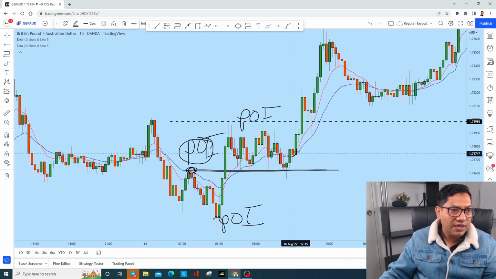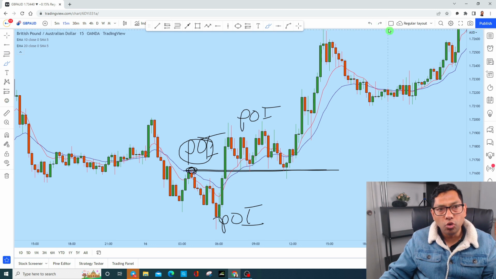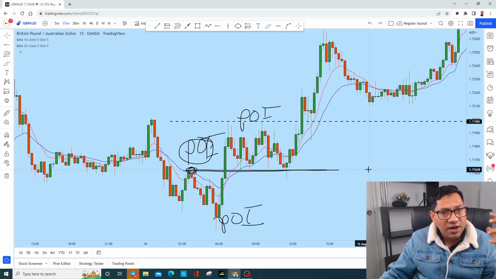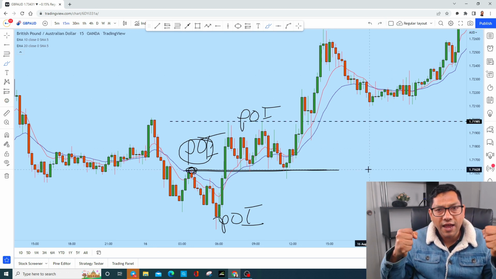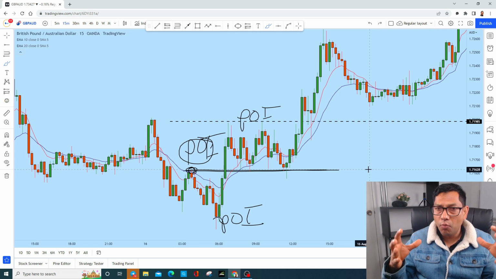You can see that there is an impulse, and then the price came back to the zone and tested this PUI. Now this is the new PUI, and the big boys are buying from here, okay. So once you know the PUI, you know where the orders are coming, and you can follow along. That is the main thing as a trader, because as retail traders we cannot move the market.